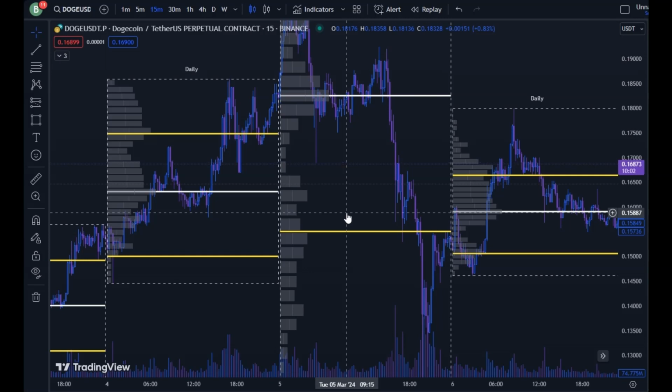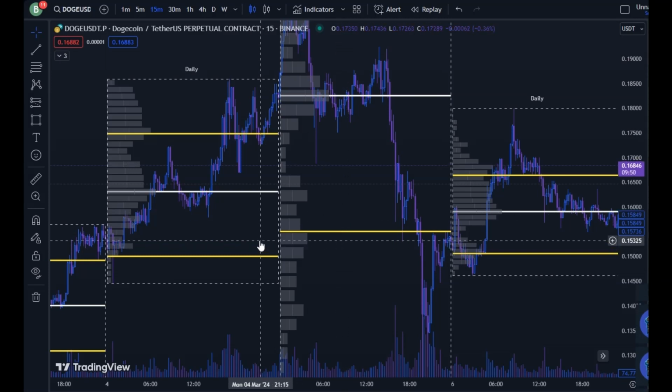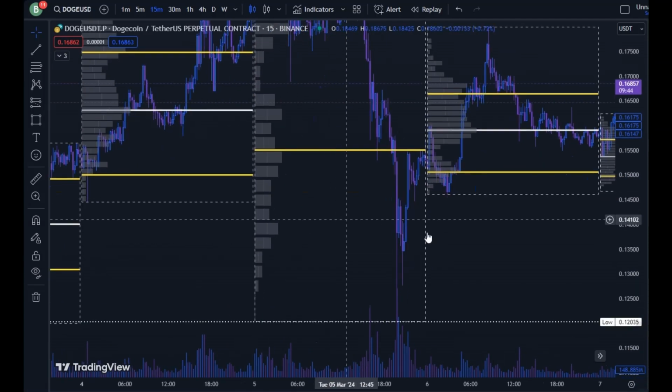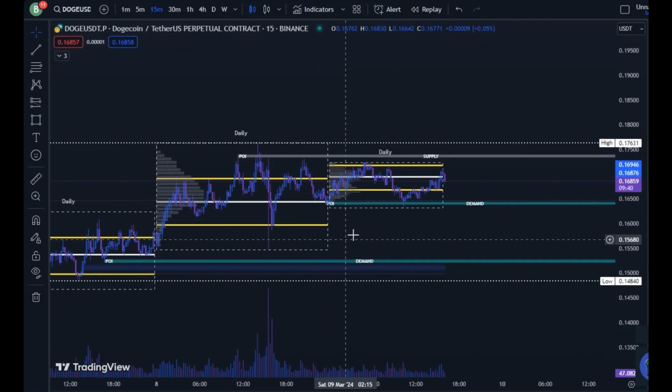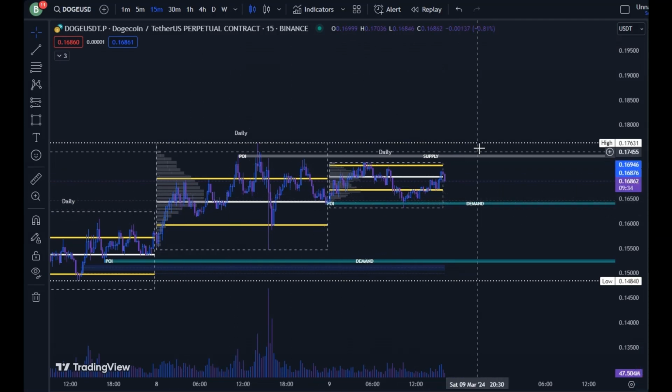So this is why I like to use the point of control, value area high, value area low, and look at how price action is around those areas. If price action tells me that this could potentially be a good trade, I'll take the trade. If not, I'm not taking the trade. But here was a good trade. A lot of volume into here, long.